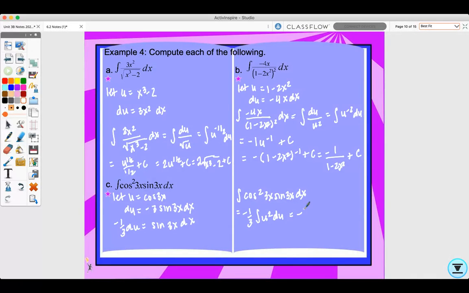Then I take the antiderivative of negative 1/3, I'd have u to the third all over 3 plus c. This would equal negative 1/9 u to the third plus c. Plug in what u is, and I get negative 1/9 cosine cubed 3x plus c.